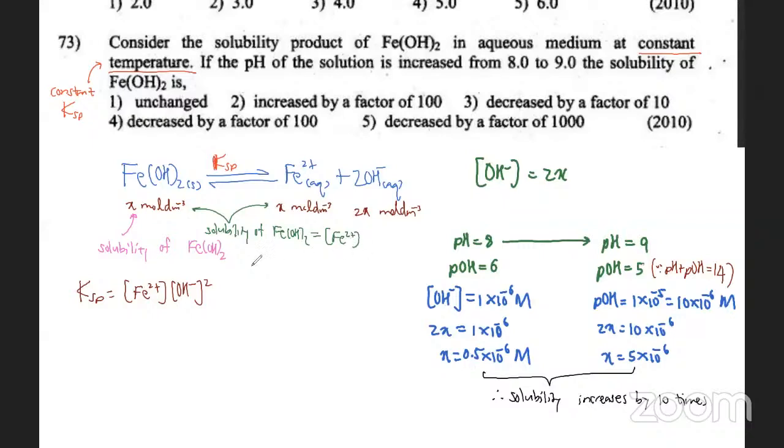I hope you can understand that. Right. So first and foremost, let's apply this equation when pH is equal to 8. When pH is equal to 8, Ksp is equal to, I'll take this as x1, into OH minus concentration squared. Where OH minus concentration is 10 to the power minus 6, squared.